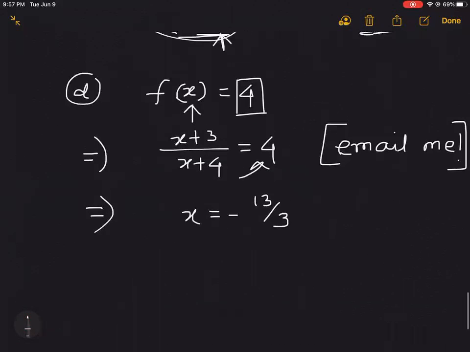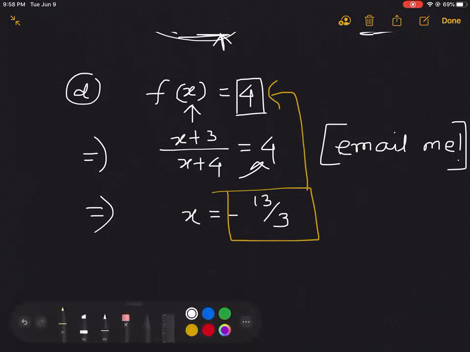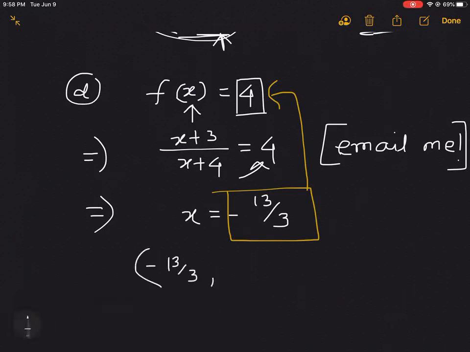Anyway, whenever x is -13/3, we'll actually get 4 as the functional value. So the point on the graph would be -13/3, and the corresponding value will be 4. This will be on the graph of the function f.